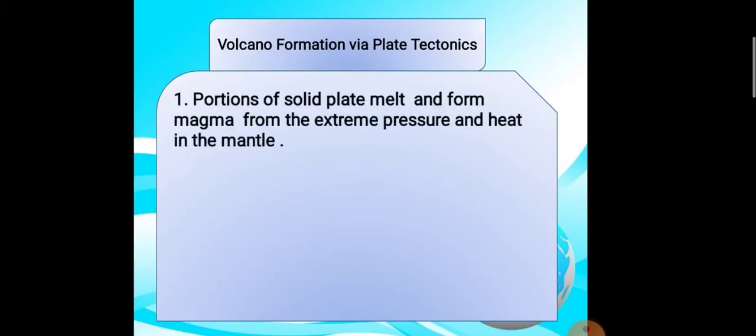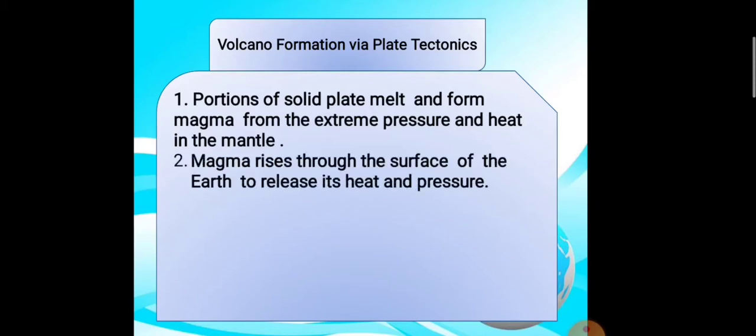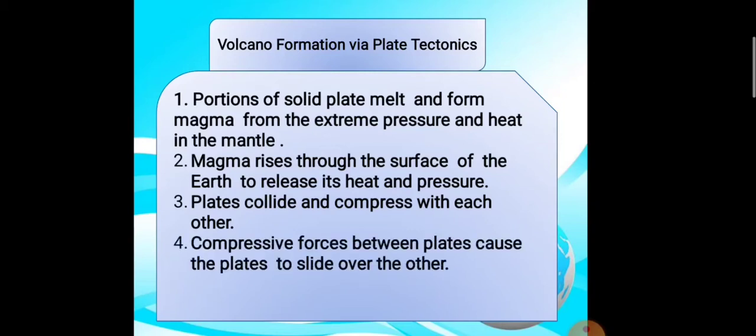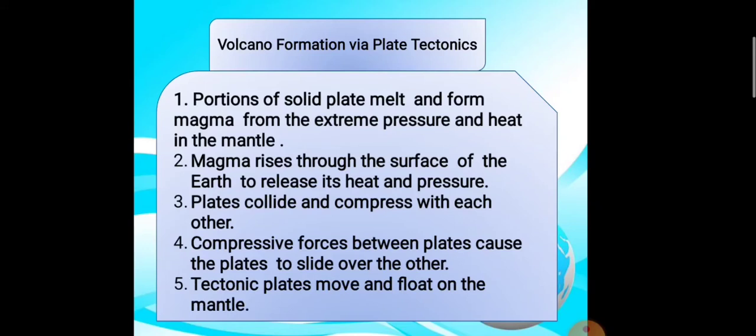So a portion of the solid plate melts and forms magma from the extreme pressure and heat in the mantle. Next, magma rises to the surface of the Earth to release its heat and pressure. Plates collide and compress with each other. Compressive forces between plates cause the plates to slide over the other. Next, the tectonic plates move and float on the mantle.